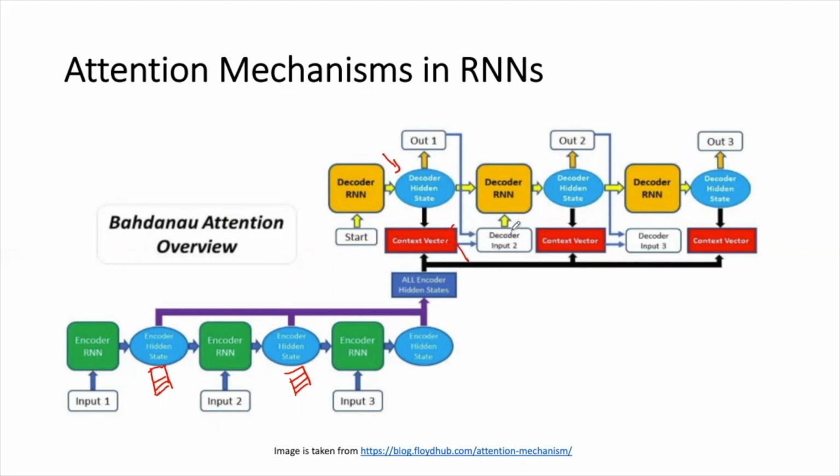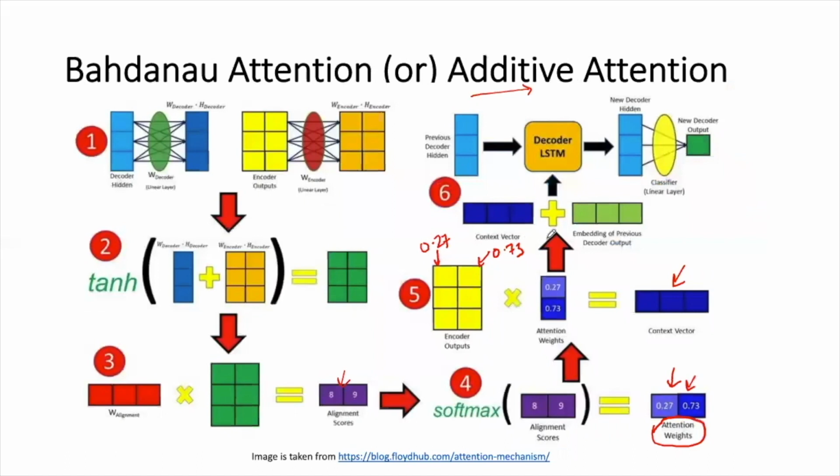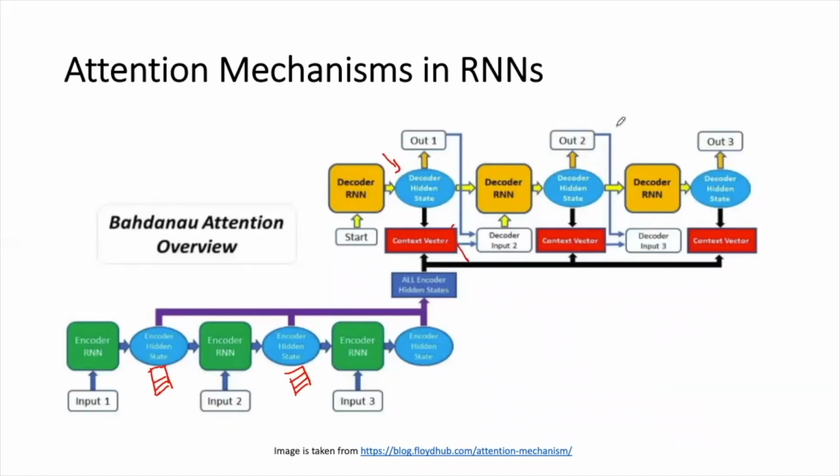Instead of just passing it as it is, here we add the context vector to the vector that was generated earlier, and then pass that on to the decoder. That's the small change that we make. Once we do that, we have a new decoder hidden state, and from that decoder hidden state, we generate the second output word. And this goes on.